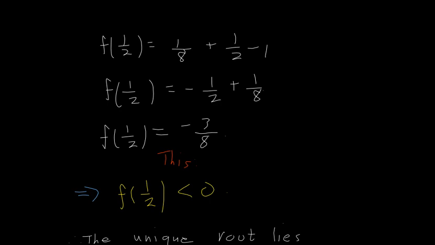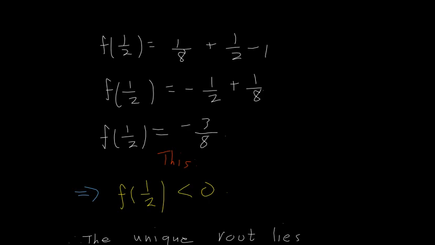We proved existence using IVT. We proved uniqueness from the fact that the function was increasing. So the final conclusion for this logic is that there is exactly one solution.